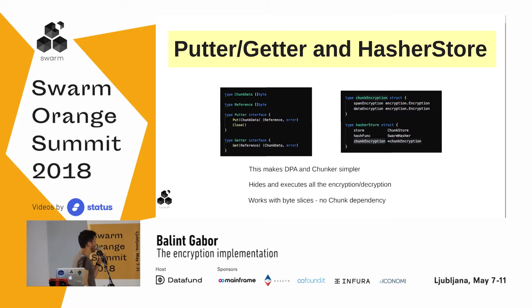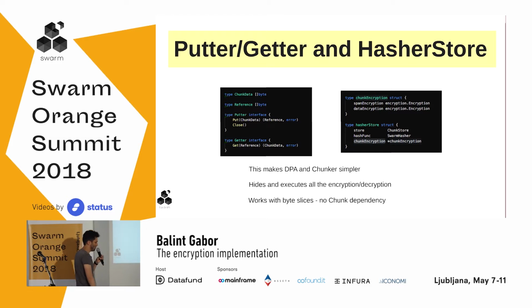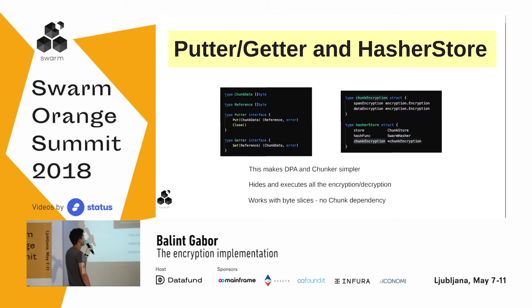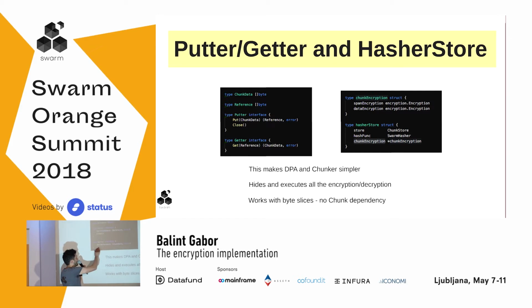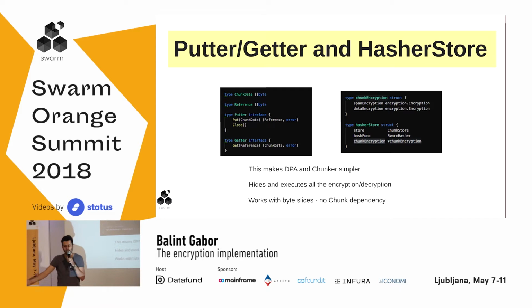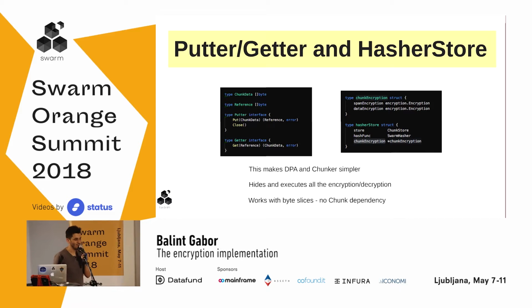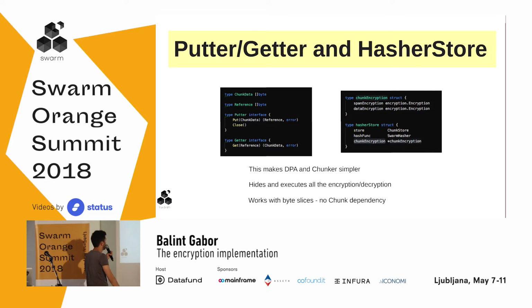The other idea was to separate this whole storing, retrieving, hashing, and chunk instantiation from the chunker. For this, I created two very simple interfaces, a putter and a getter. A putter can put chunks into a store. A getter can get chunks.